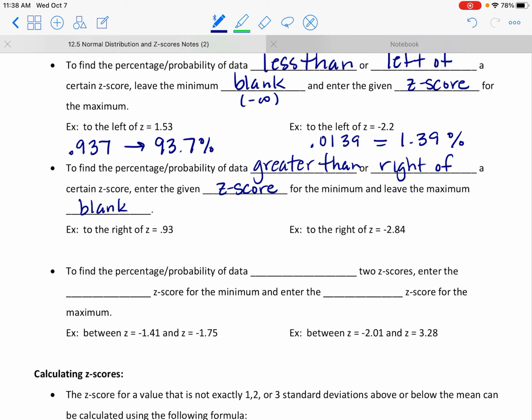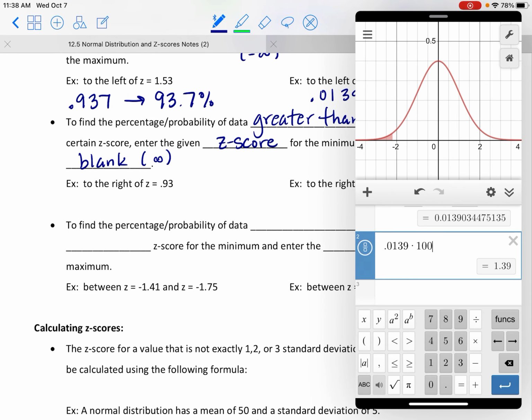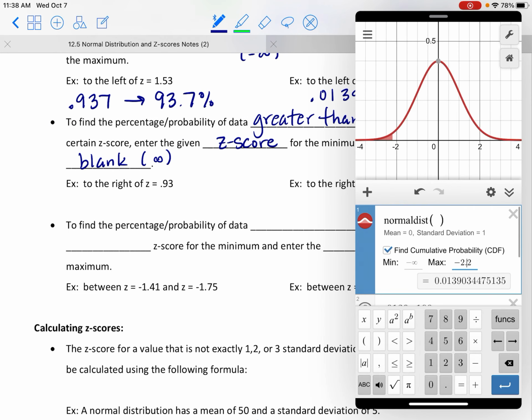It's going to automatically put an infinity in there, but we don't have to worry about what we put into that spot. Okay? So if we wanted to know how much was right of, let's say, the mean, I could leave this blank and say a z-score of 0. That's how much of the data is right of the mean. I can see it is 50%, okay?